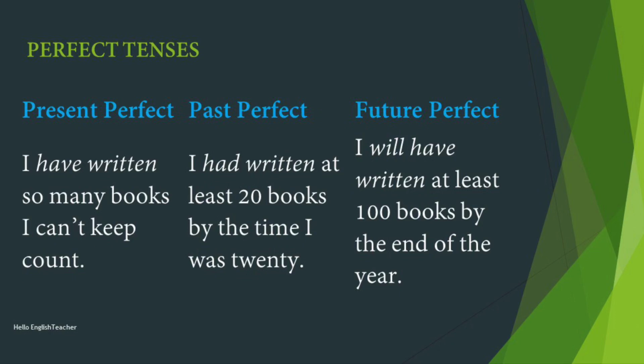So, had plus written is the past perfect tense. Two actions, one is writing the books and one is completing 20 years, and the first action carries the past perfect tense. I had written at least 20 books by the time I was 20. That is the past perfect tense.